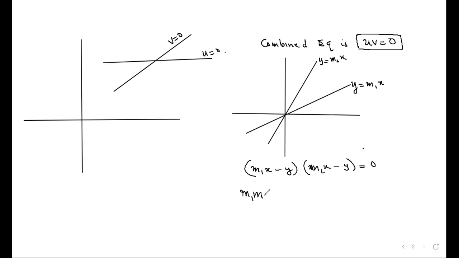If you expand this, your terms are like this. You will have only three terms: x square term, xy term, y square term. An equation which has x square, xy and y square terms is called a homogeneous equation of second degree.